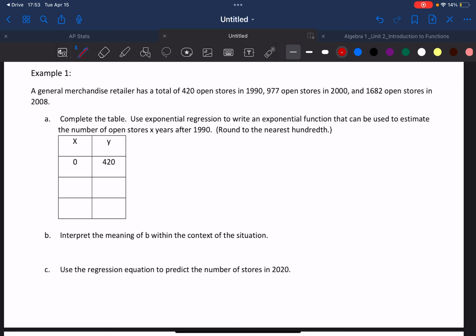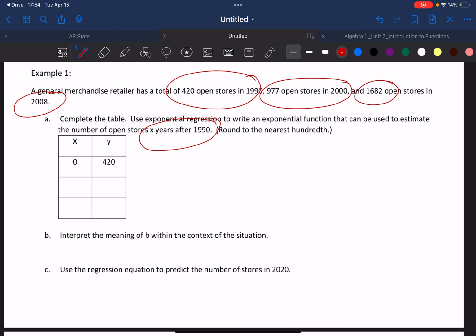So example 1 says a general merchandise retailer has a total of 420 open stores in 1990, 977 in 2000, and 1682 in 2008. It says complete the table. Use exponential regression to write an exponential function that can be used to estimate the number of stores opening x years after 1990.